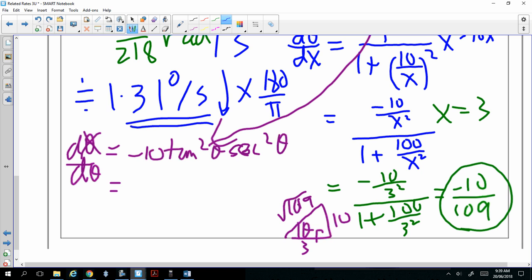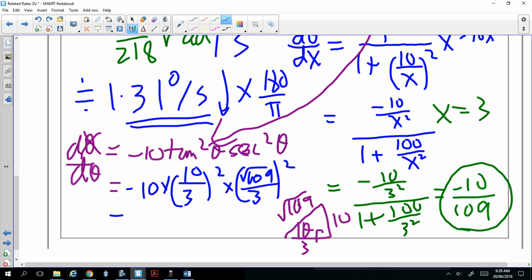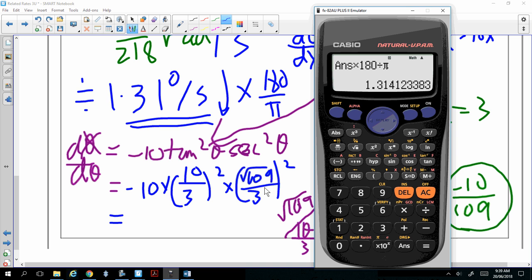You will get 100 divided by 9 times 109 divided by 9, times 10. Oh, very big. I must have done something wrong. Let me see. But hang on, sorry. There's a negative 2. I forgot negative 2. So it's actually reciprocal. Let's try that again.